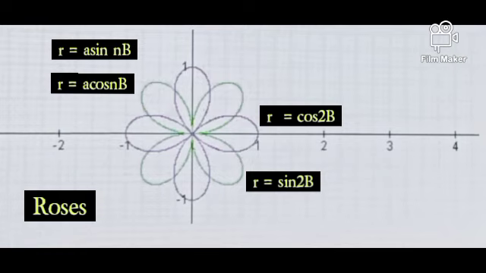Now we investigate the relation between n and the number of petals in the graph of the polar equations r equals a sine nb and r equals a cosine nb by fixing the value of a at 2.